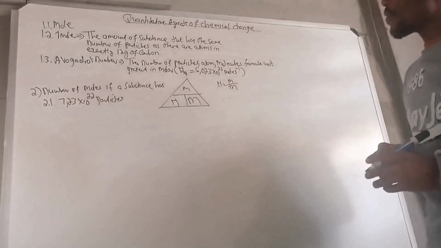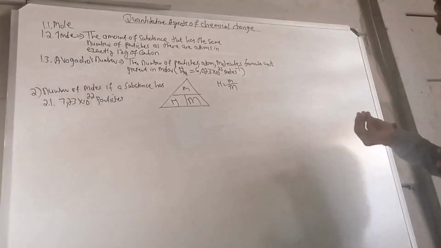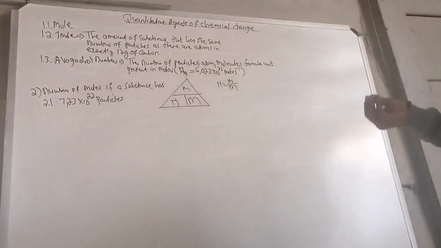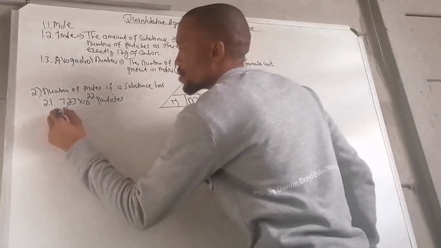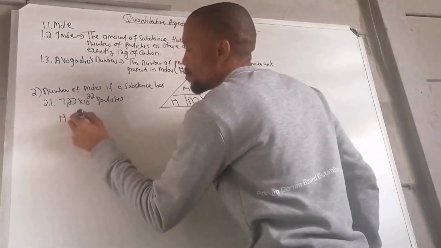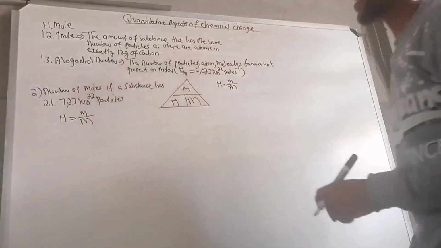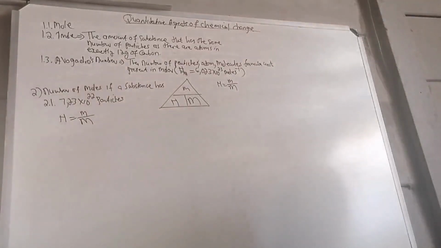Okay. Now, what is the number of moles? It equals mass over molar mass. Now, calculate the number of moles if a substance has 7.23 times 10 exponent of 22 particles. The formula is number of moles equals mass over molar mass. But what substance is here?